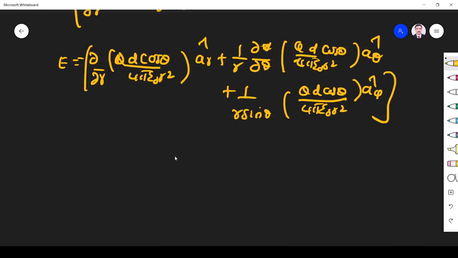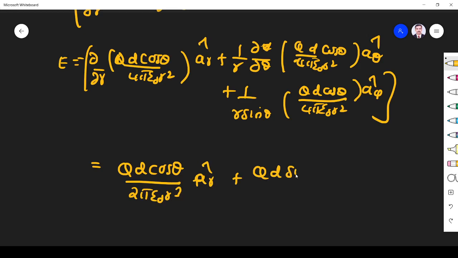So if you differentiate and finish it, what you get is QD cos theta divided by 2 pi epsilon naught R cube AR plus QD sin theta divided by 4 pi epsilon naught R cube A theta.